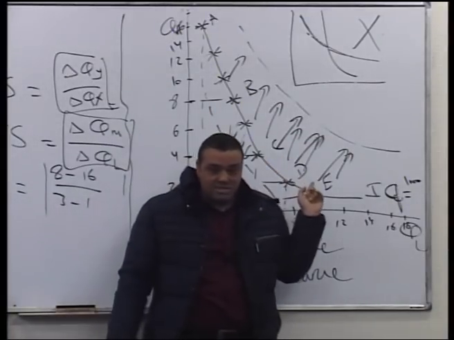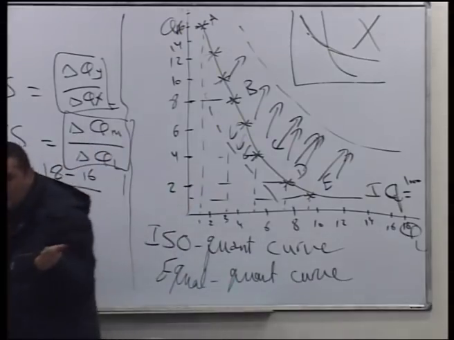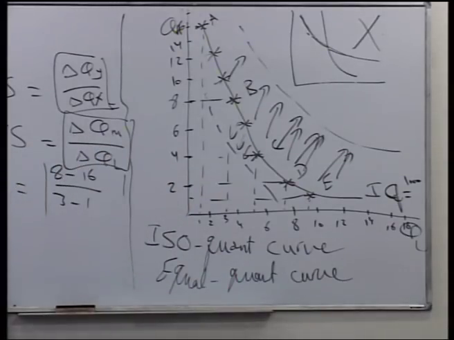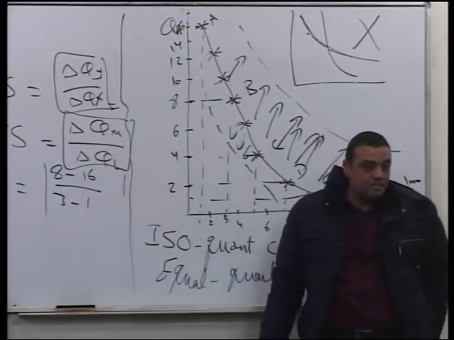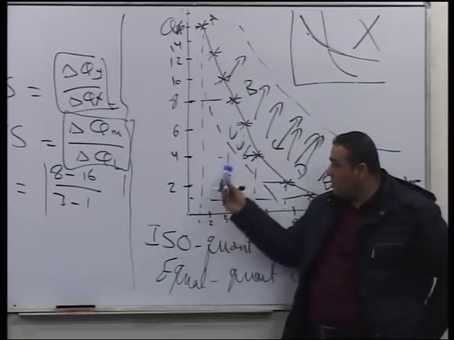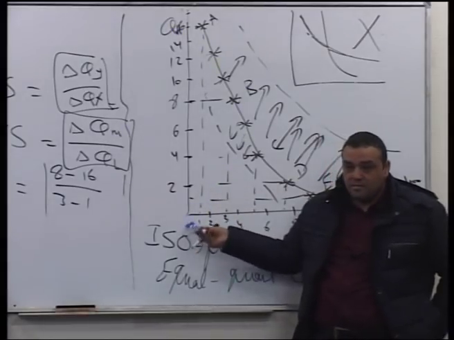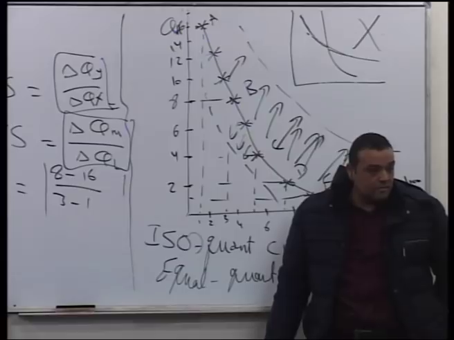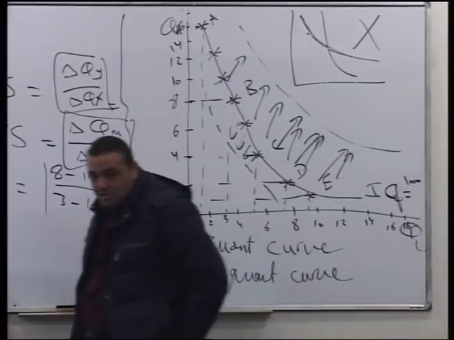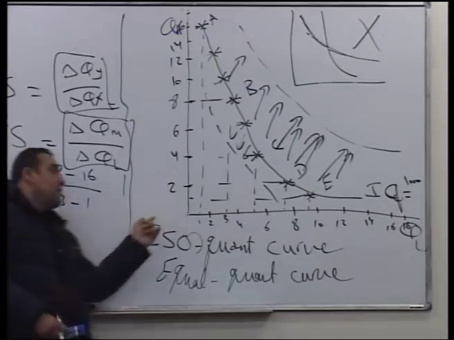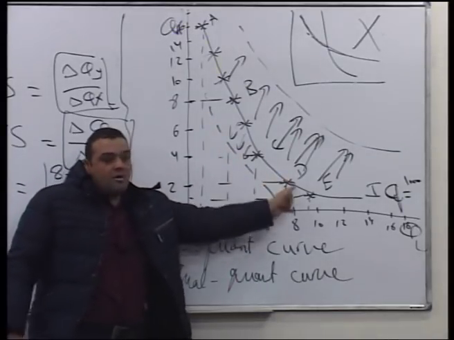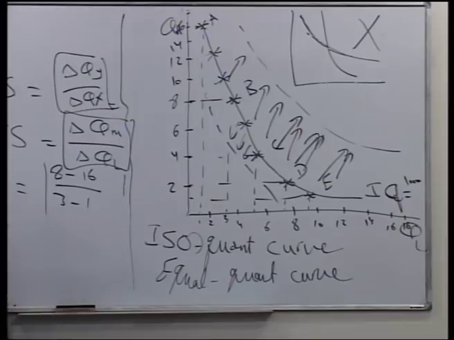And downward sloping. What else? Exactly, convex to the origin point, smooth. Convex to the origin, concave outside.